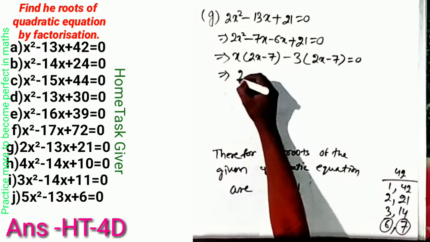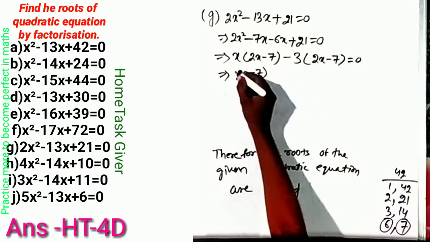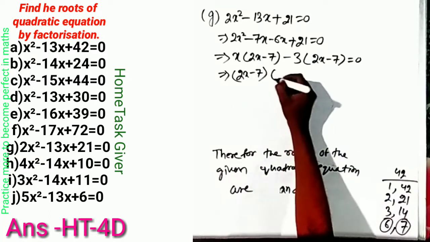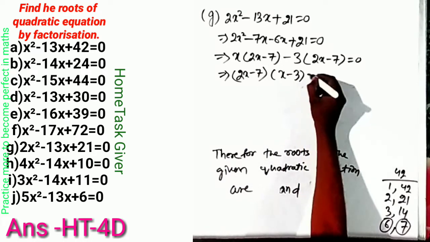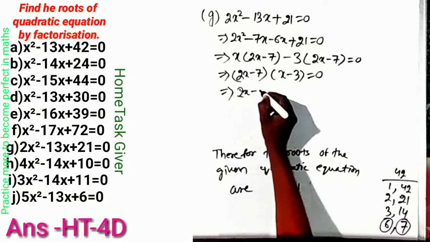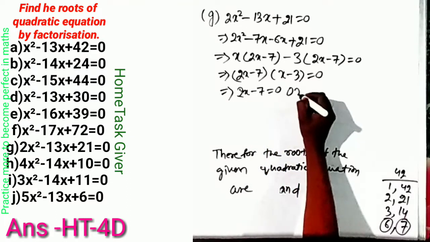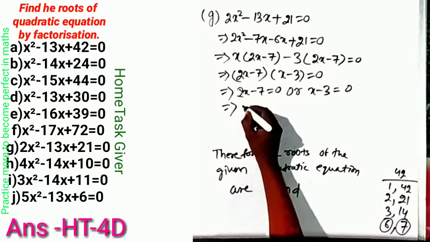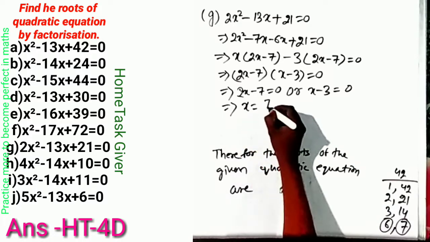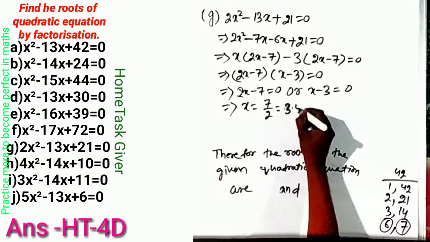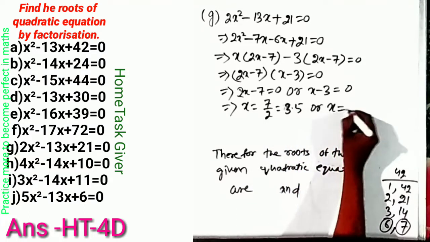Implies that 2x minus 7, यहाँ ये दोनों में कॉमन है, सो 2x minus 7 कॉमन ले आएगा x minus 3 equal to 0. Implies that 2x minus 7 equal to 0 और x minus 3 equal to 0, implies that x equal to 7 by 2 equal to 3.5 और x equal to 3.